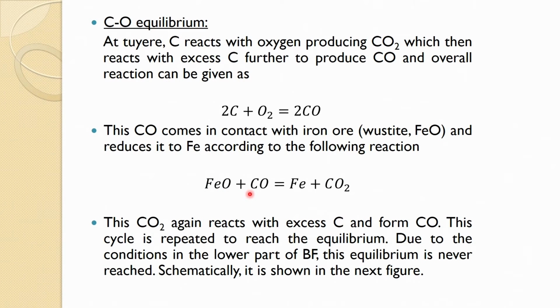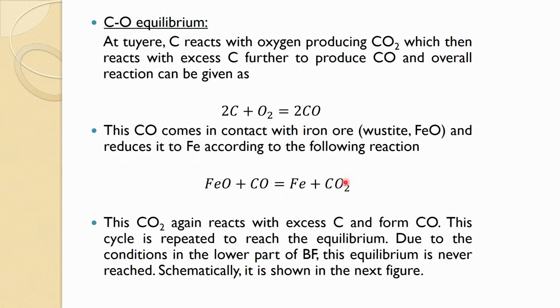FeO plus CO gives you iron plus CO2, and in this reaction CO2 is forming again. Because in the lower part of the blast furnace, especially in the dripping zone, everything else is in liquid form except the coke, plenty of carbon is available.